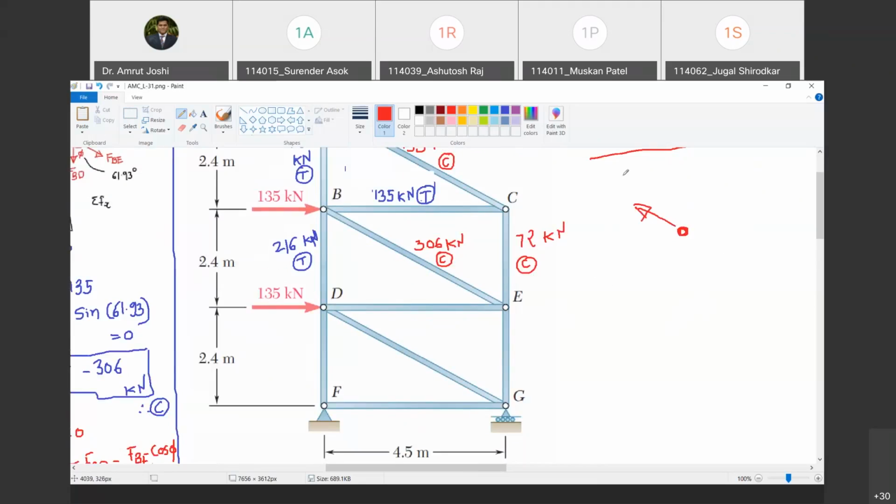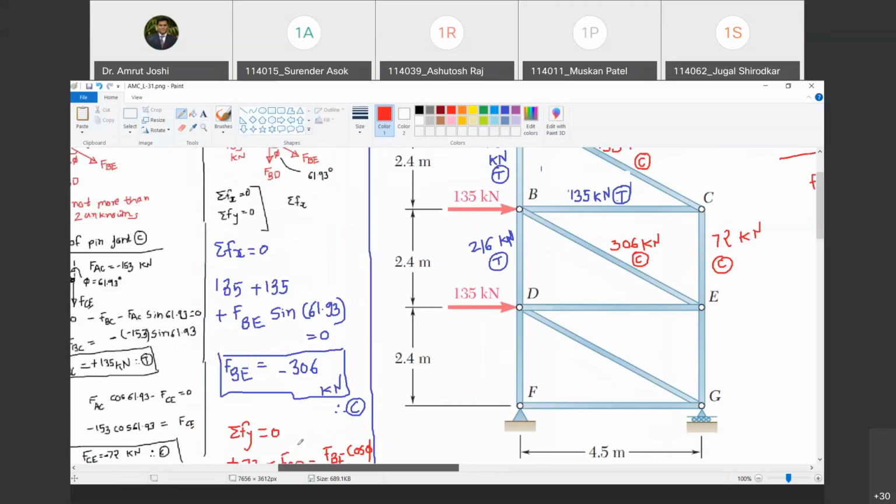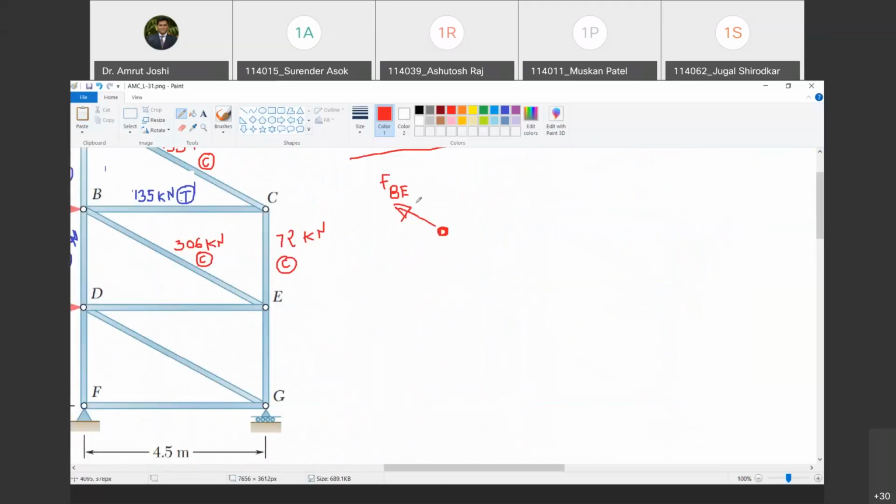So I am going to draw this as pulling the pin, force in member BE. But what is its magnitude? FBE, we have already found out its magnitude as minus 306 kilonewton. Do you agree with me? Yes, sir. Please listen carefully, this is where the mistake happens. You are not going to change the tensile sense of the force.